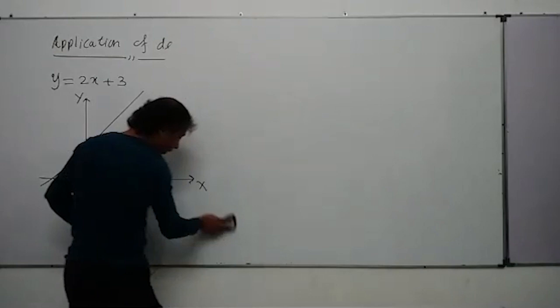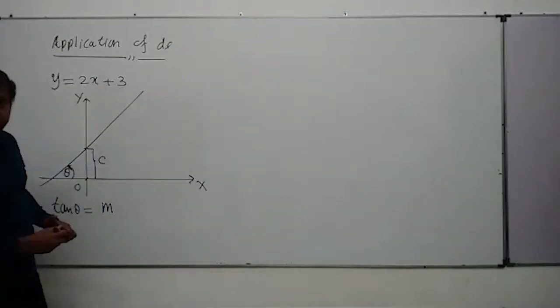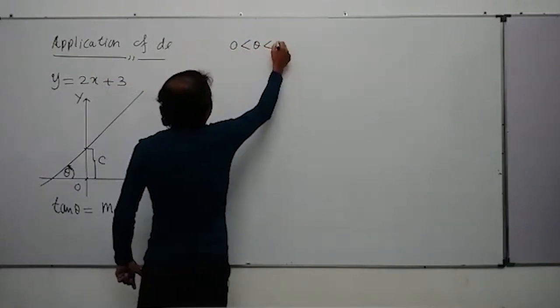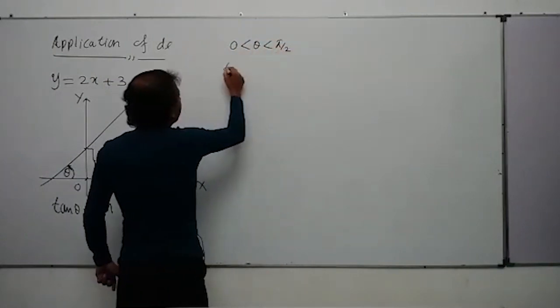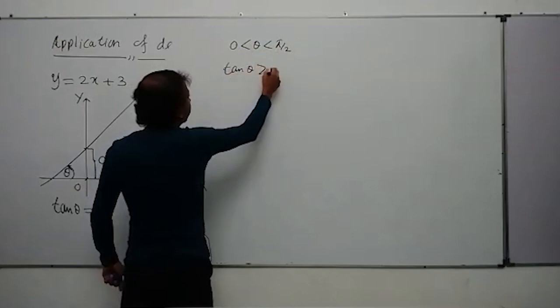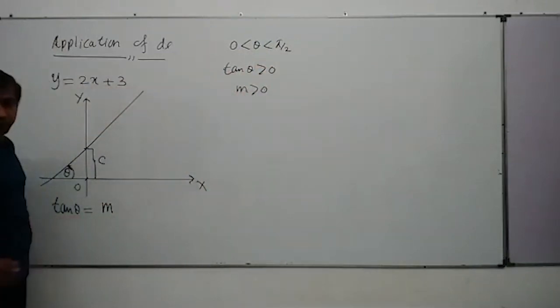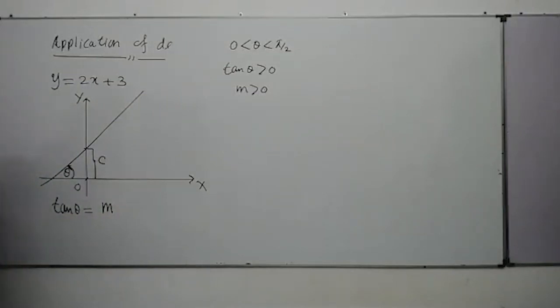When theta is greater than 0 and less than 90, tan theta becomes positive. That means the gradient becomes positive. If the gradient is positive, this line makes an acute angle with the positive x-axis in the anticlockwise sense.